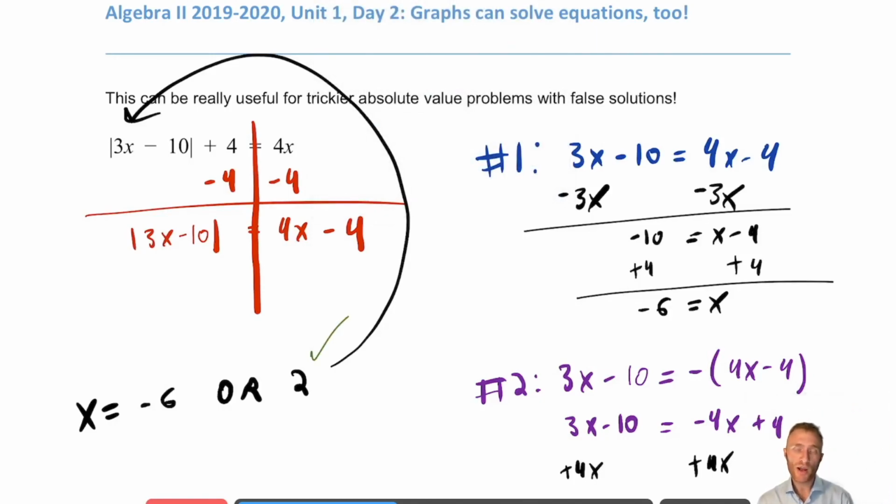But what happens when we try negative 6? Negative 6 times 3 is negative 18. Minus 10 is negative 28. The absolute value turns it into positive 28. Plus 4 is positive 32, which is weird because 4 times negative 6 on the other side is negative 24.